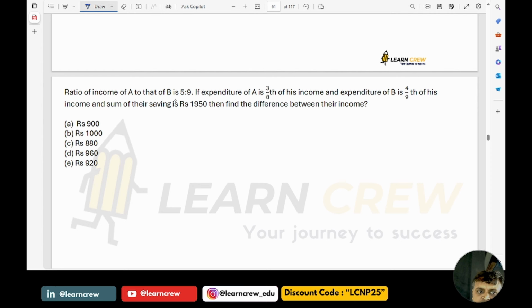So the ratio of the incomes of A and B, I am taking as 5 and 9. Expenditure of A is 3/8 of his income. Expenditure of B is 4/9 of his income.